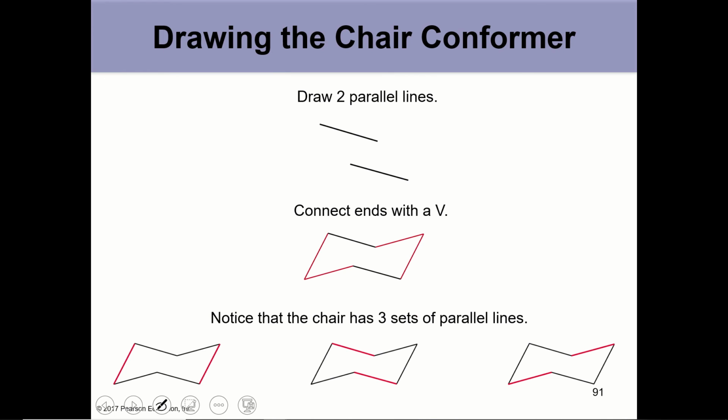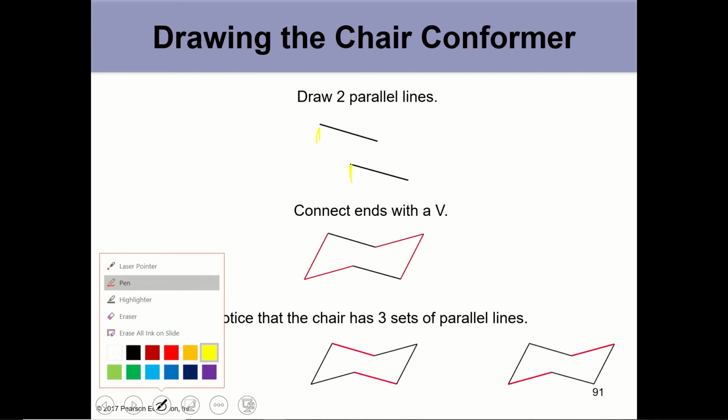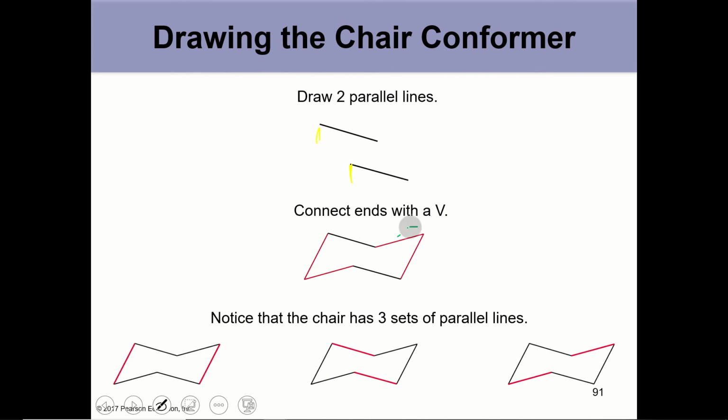To draw the chair conformer, this is something that you are going to have to do, especially in lab tomorrow. You're going to draw two parallel lines that are offset. So one should start way ahead of the other, but they should be parallel. You can then draw a parallel line going up from their position, and I'll circle it in green.